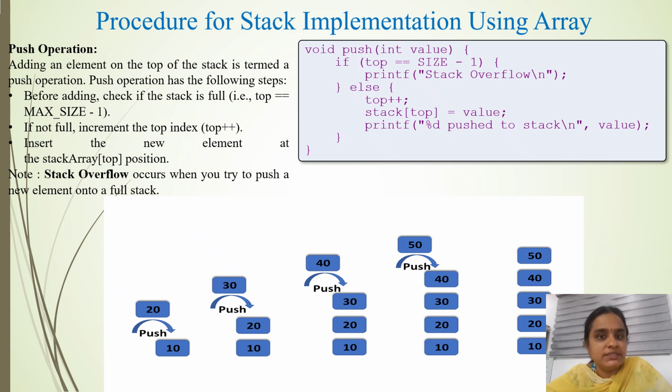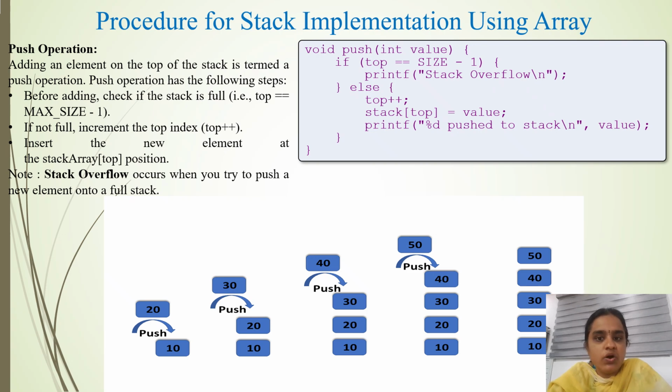In an array based stack, this happens when top equal to size minus 1, because that means all array positions are already filled. If the stack is not full, then we can safely add a new element. First we increase the top value by one, so I'm incrementing top with plus plus. You can see this code.